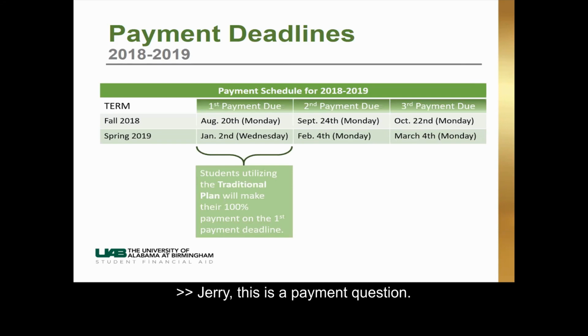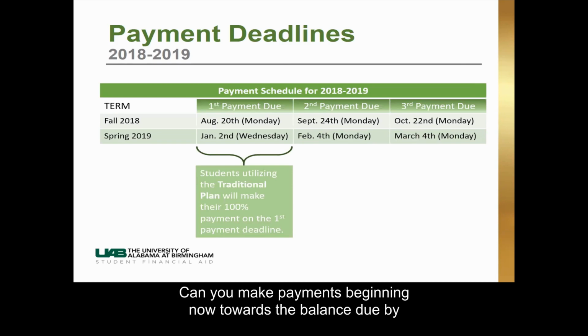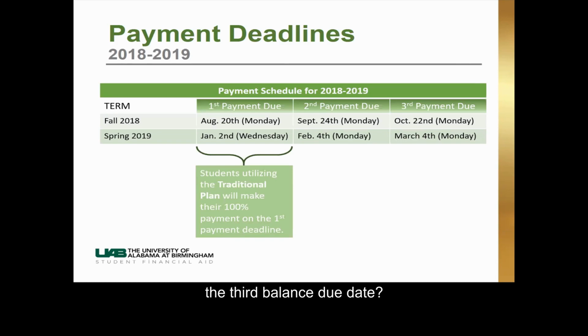Great, thank you. Jeremy, this is a payment question. Can you make payments now, towards the balance due by the third balance due date? Basically, can you prepay towards a payment deadline?